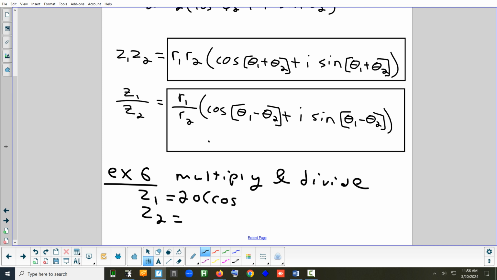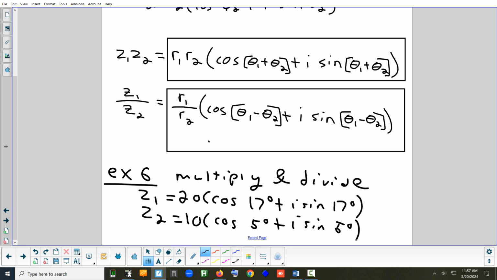And then let's pick an angle. 17, okay. And now for Z2, I'll do 10. Cosine, let's do 5. So we just made these numbers up.